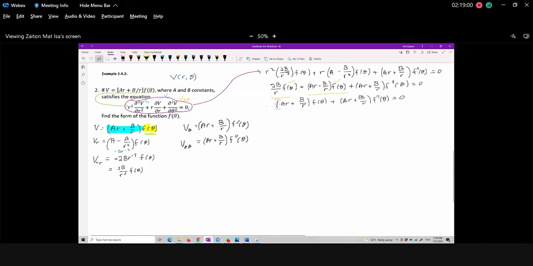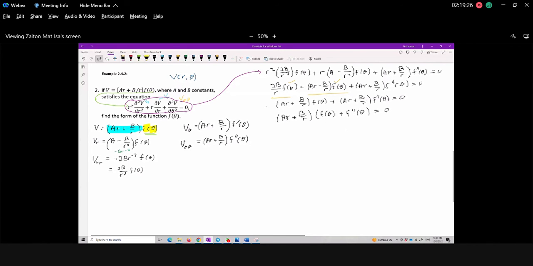AR plus B over R, right? AR plus B over R, this is F theta. This is AR plus B over R also, F double prime theta. So now we can factorize the AR plus B over R. Here it is, multiplied by F theta plus F double prime theta.